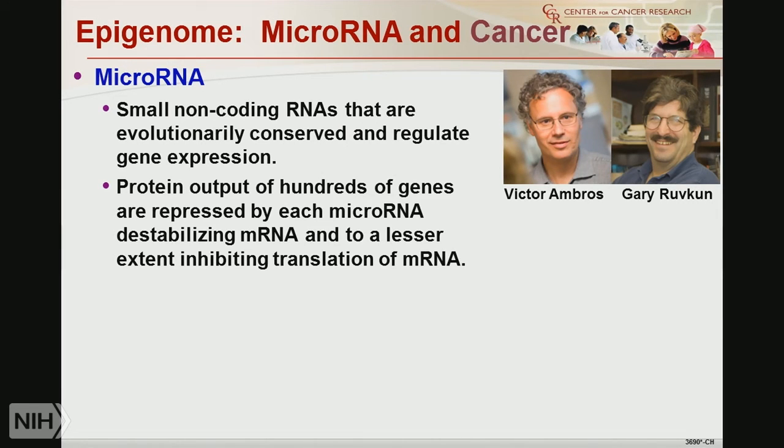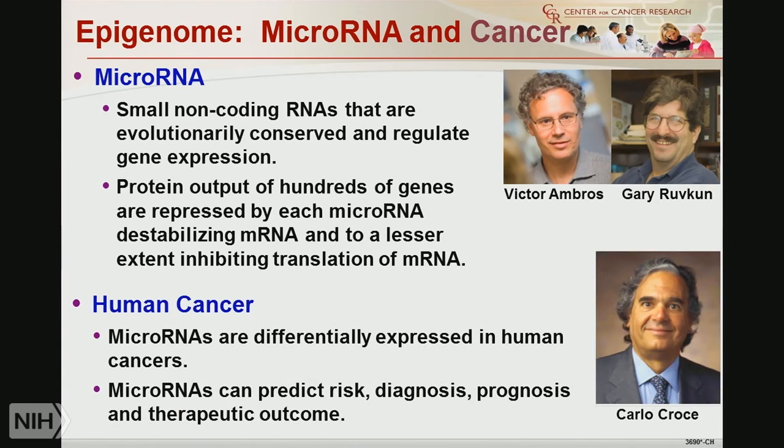Well, this became exciting to the field of medicine when this guy here, Carlo Croce, a collaborator of mine, made the discovery that 2 microRNAs were deleted, miR-15 and 16, in chronic lymphocytic leukemia. This is 2002. This is a seminal discovery in medicine.